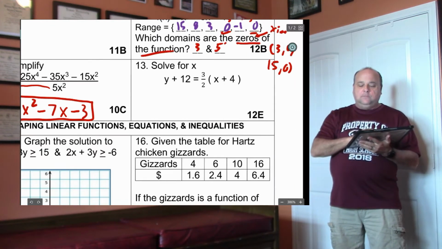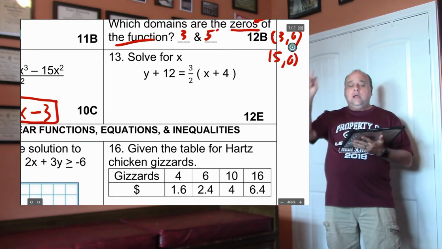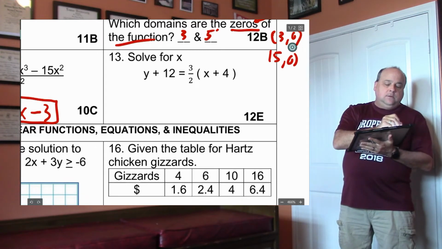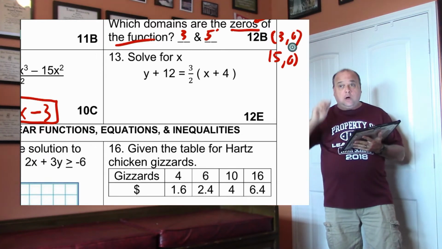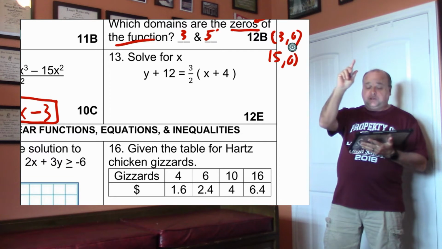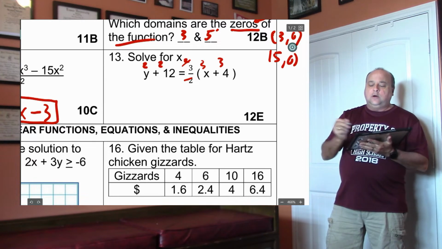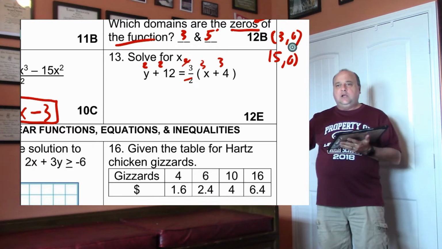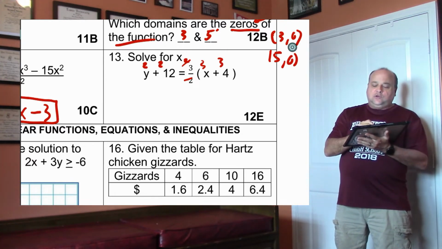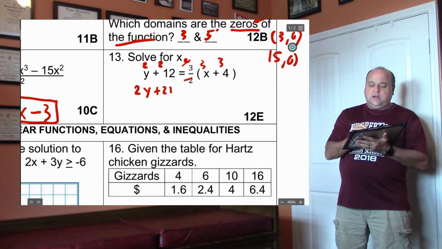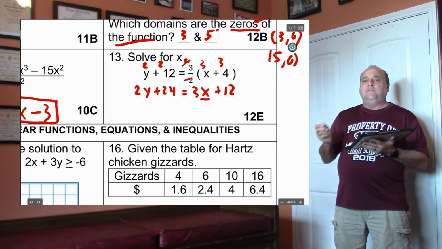Let's go to 13. Let's solve for x. Okay? In Algebra 2, you will learn to know that this is the inverse of a function. Okay, so we're going to get rid of the fraction. So the denominator goes to the left and the numerator goes to the right. This is an equation in point slope form. So I'm going to have 2y plus 24 equals 3x plus 12, and I want to solve it for x.